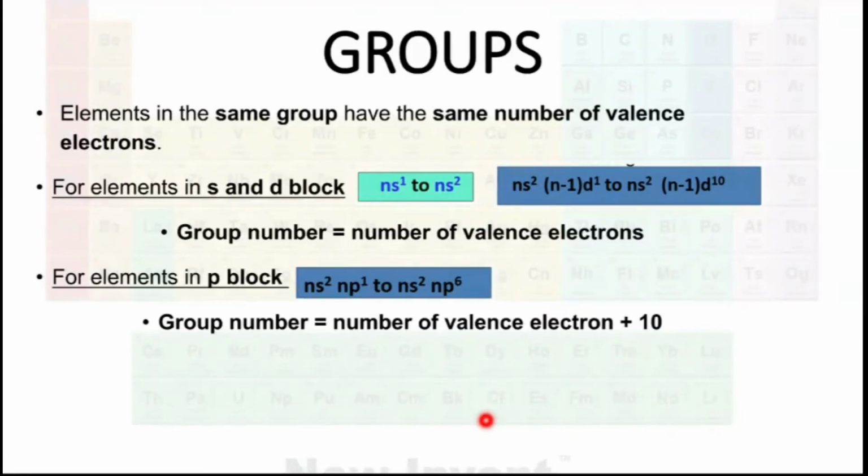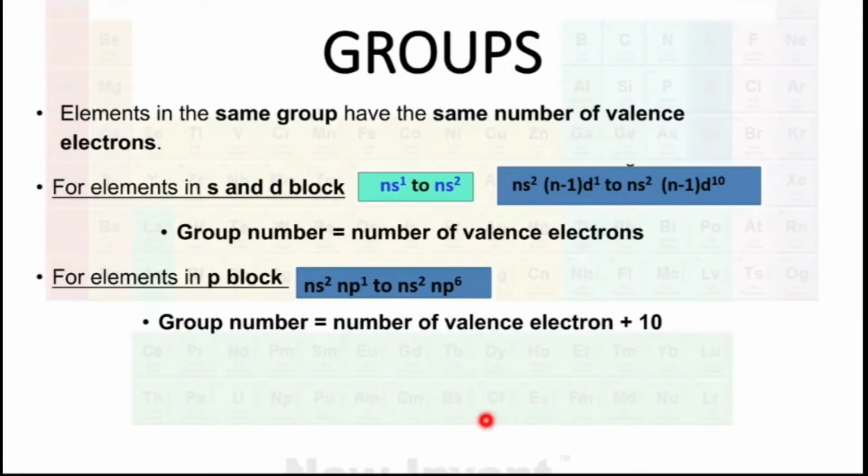Same as what you have learned at your SPM level. To determine the group, you need to know the number of valence electrons. To determine the number of valence electrons, we need to consider the block where your element lies.